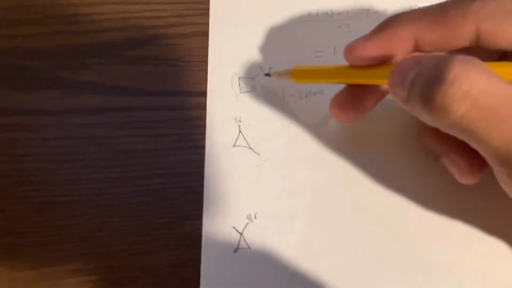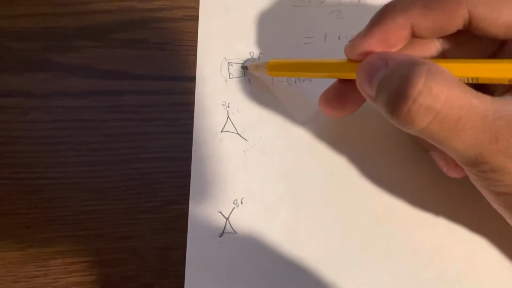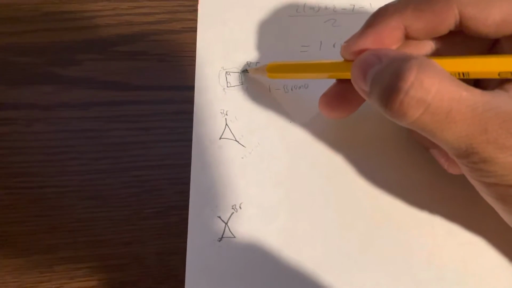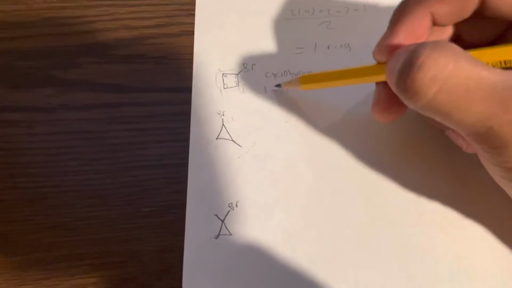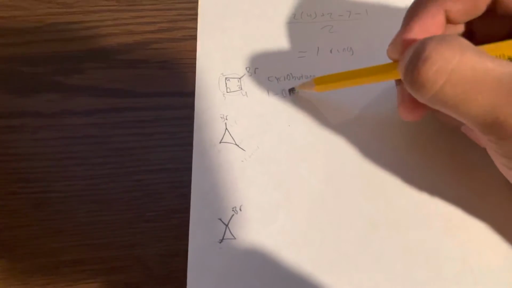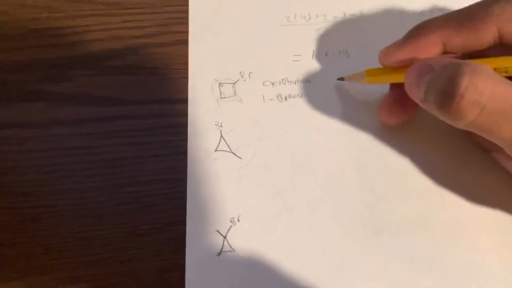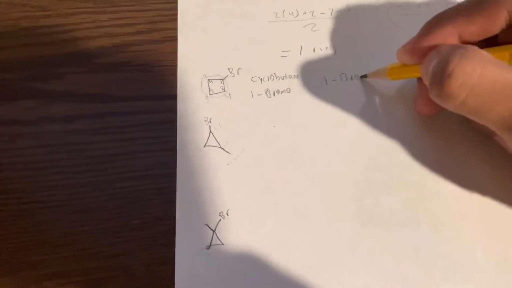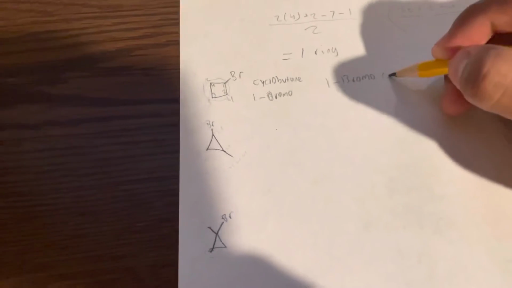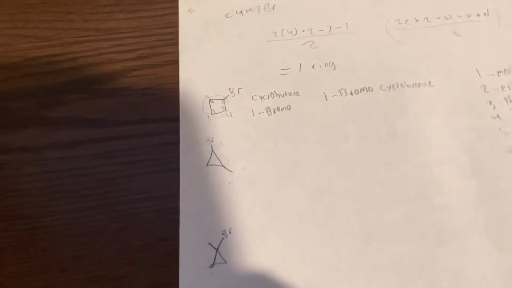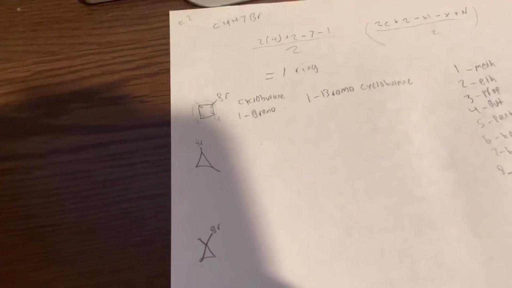Why 1? Because 1 is the one on the branch right here. Put it together and it's 1-bromocyclobutane. All right, that's what we got for that one.